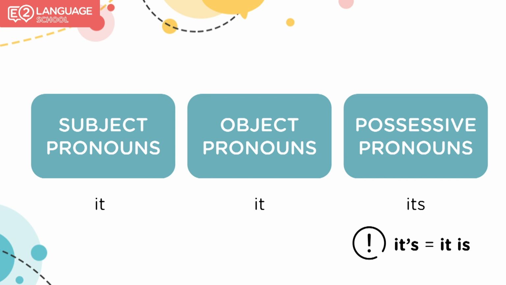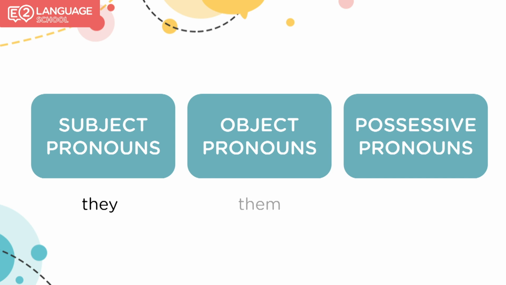So just be aware of the difference between its and its with an apostrophe. Okay, moving on. We, us, our. They, them, their.